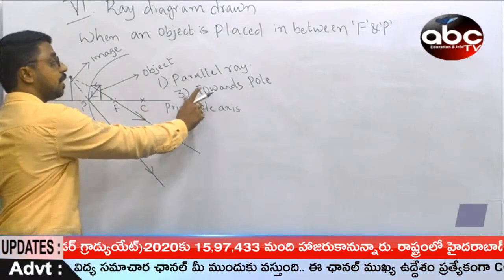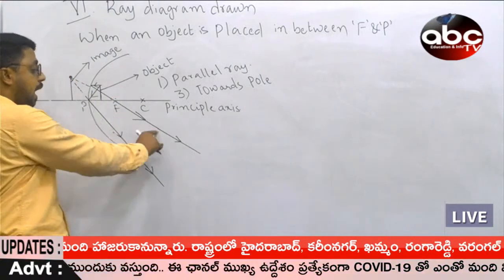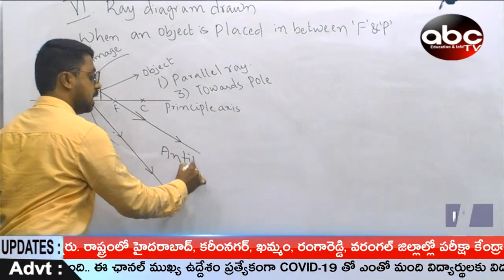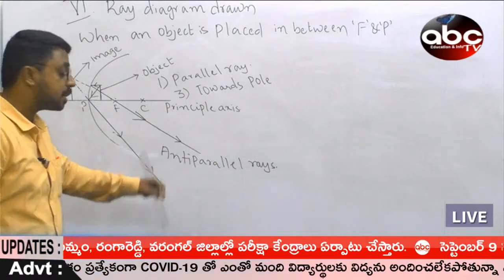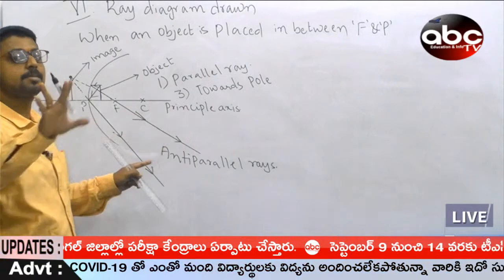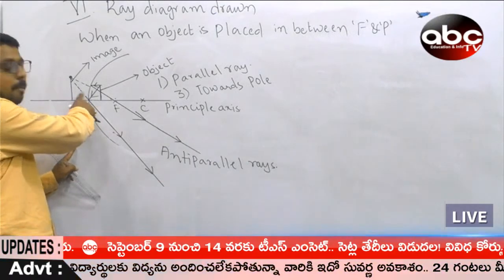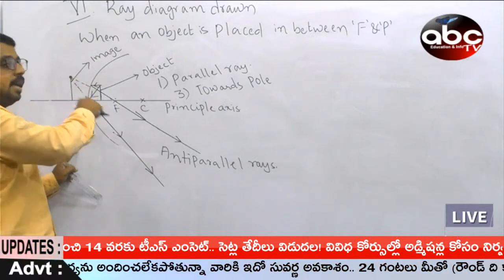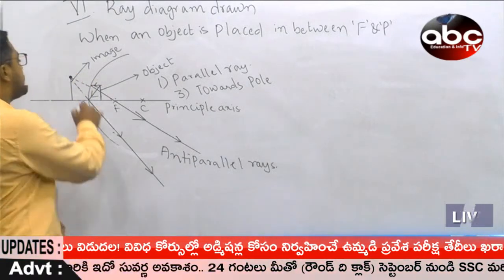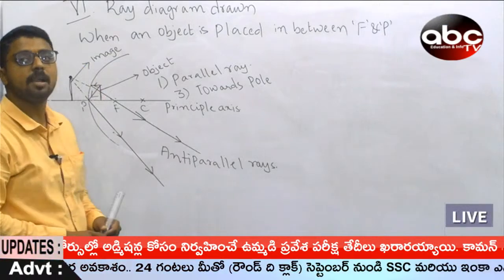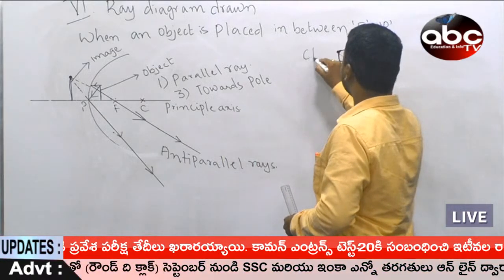We have taken two types of rays: the first one is a parallel ray and the second one is a ray towards the pole. These two rays are acting as anti-parallel rays, so on the front side we are not expecting any image. So what can we do? If we extend the lines backward, we see an intersection. This intersection gives us an image, a noticeable image. So what do we call its characteristics?